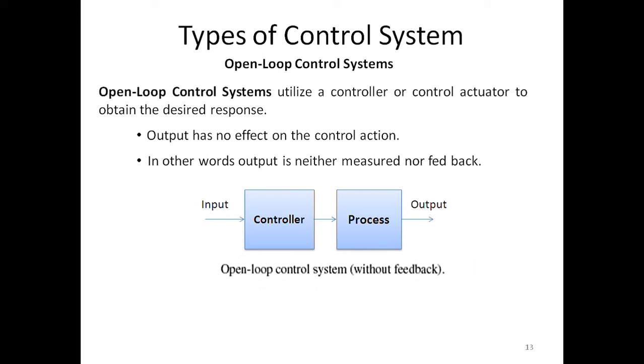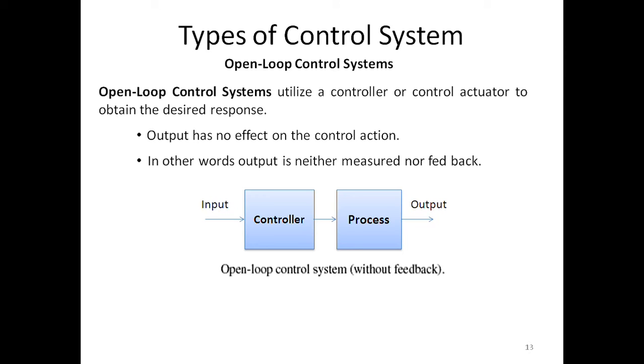Then the open loop control system. This is a very important classification. An open loop control system utilizes a controller or control actuator to obtain the desired response. In this open loop control system, output has no effect on the control action because there is nothing like feedback.